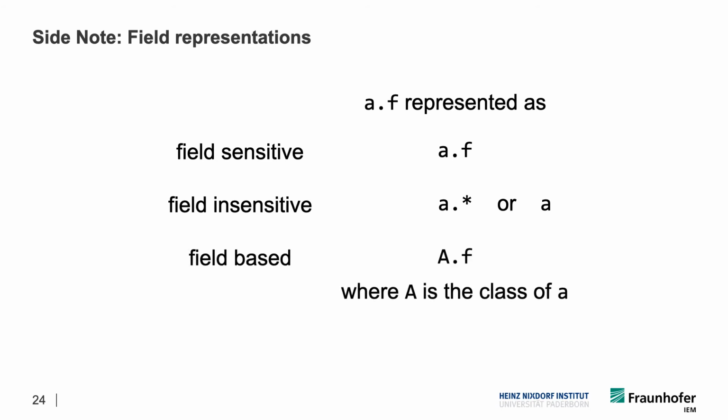And then there are these field-based representations that I talked about, where A is the class or type of small a, right? And we are using that as a representation. And in VTA, we have a field-based representation. And in a regular points-to analysis, which is also often called Anderson-style points-to analysis, and that I will still be covering in a few minutes, we are typically using a field-sensitive representation.